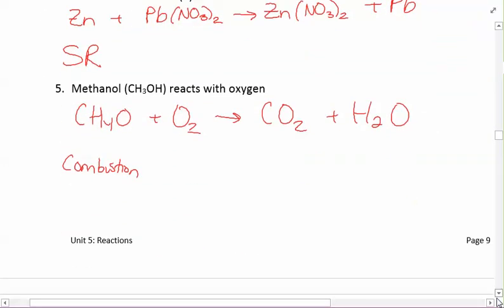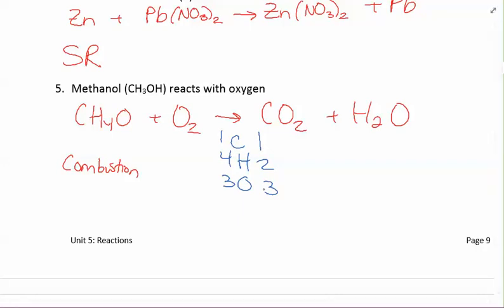And then this one, combustions are always a little tricky to balance because of the carbon, oxygen, and hydrogen that you have. So we have 1, 4, and 3 on the reactant side, and 1, 2, and 3 on the product side. So right now, hydrogen's the only thing not balanced, so I'm going to put a 2 in front of water, which gives me 4 hydrogen, and now I have 4 oxygen.